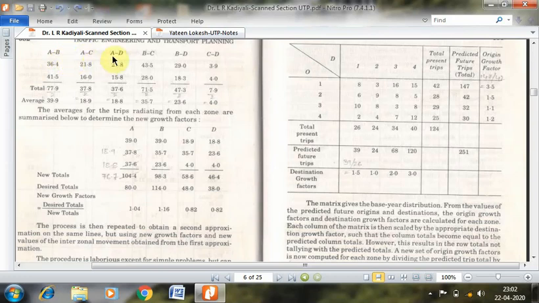So the average trips corresponding to the presence of zone A are 39.9, 18.9, and then 18.8. So 39.9, it might be 39.9 or 0, just check, I'm not sure about it. So 39.9 and then 18.9 and then 18.8.